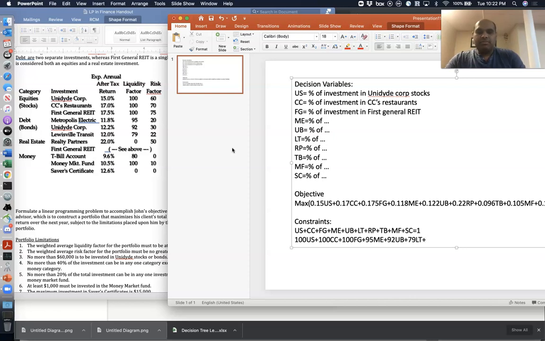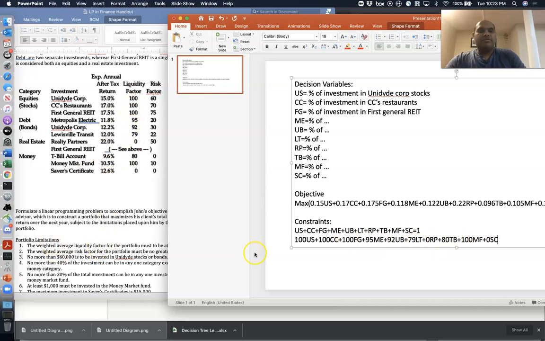So you can either skip Realty Partners, or I'm just going to say 0 times Realty Partners. Very likely this is an investment in some sort of building, so you cannot easily liquidate it. Plus 80 times the T-bill account, plus 100 times the money market fund, and finally 0 times saver certificate. So this is the left hand side of this constraint.